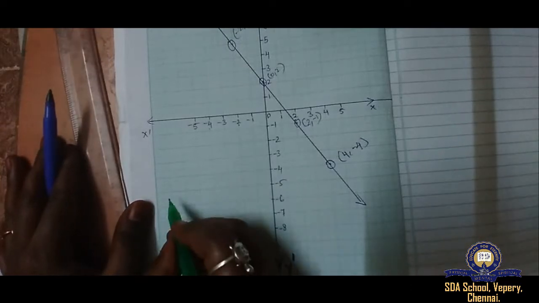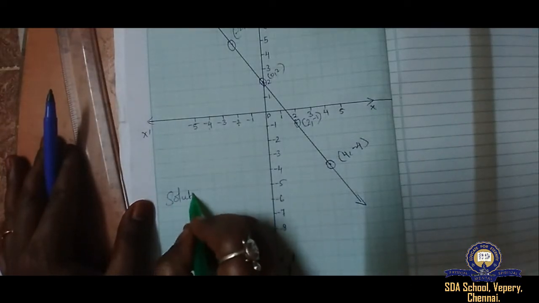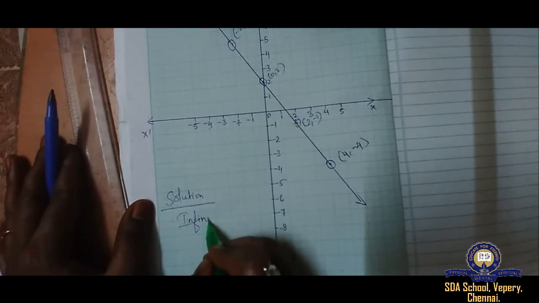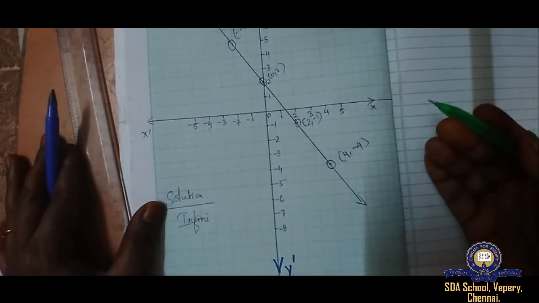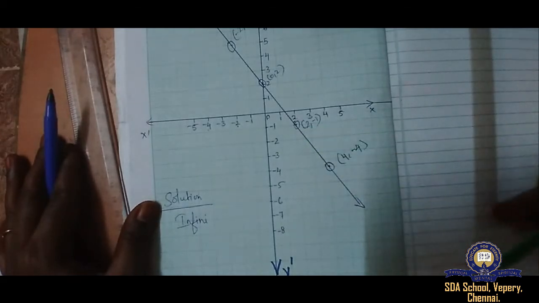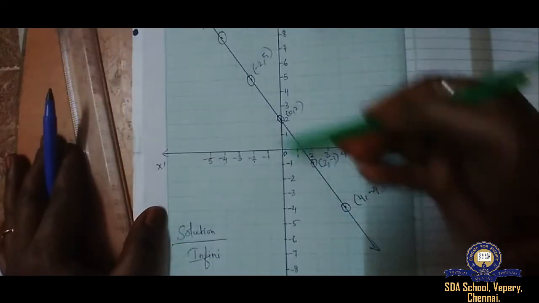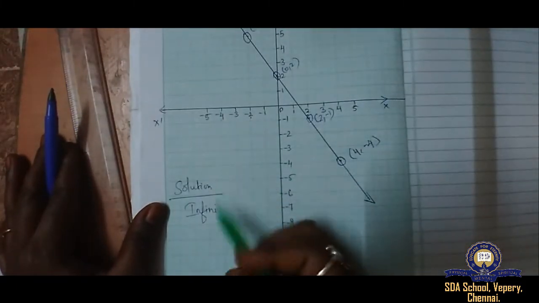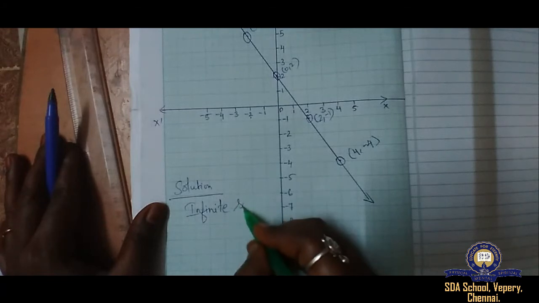So we have to write the solution: it is an infinite solution. Infinite means whichever number we take and solve in this equation, all will come under the same line. If we join them together, everything will merge into one line. So the solution is an infinite solution.